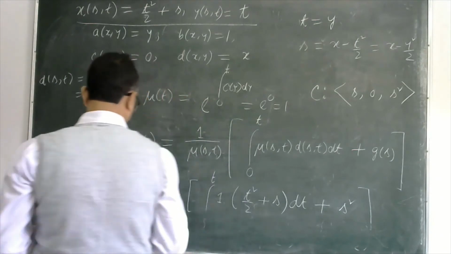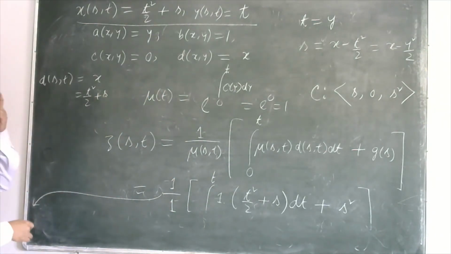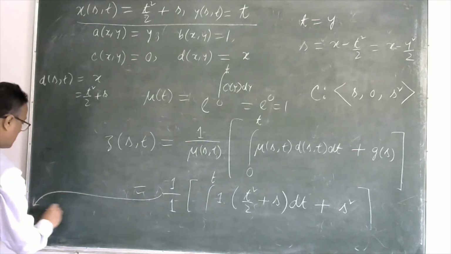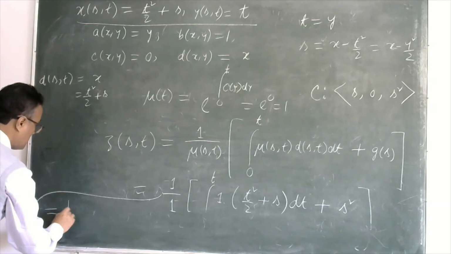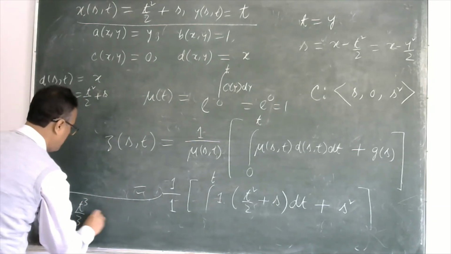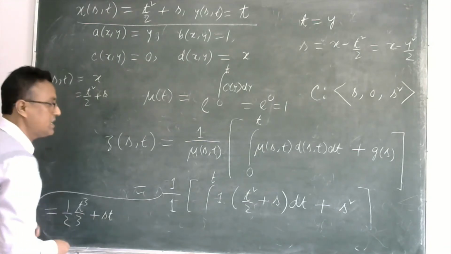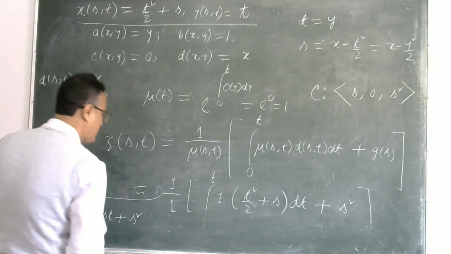So then from here, what you are going to get is 1 by half t cubed by 3 plus st plus s squared. Okay, fine.